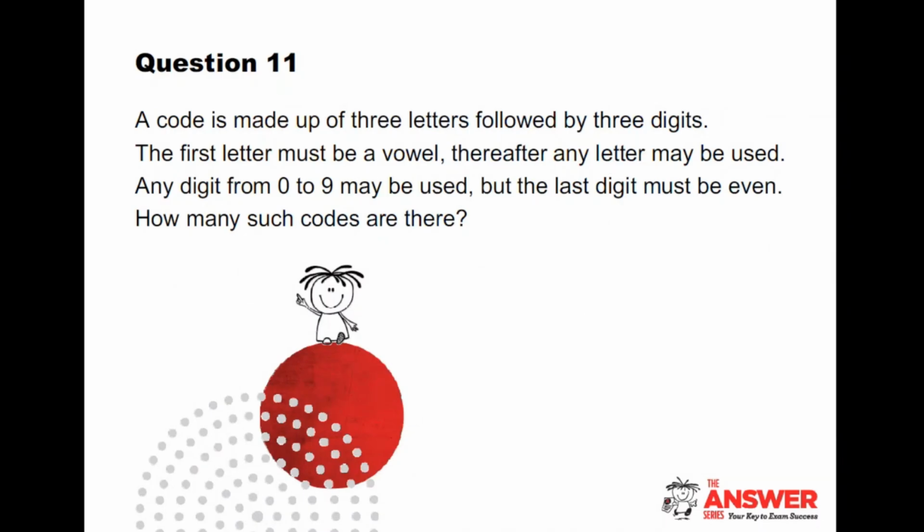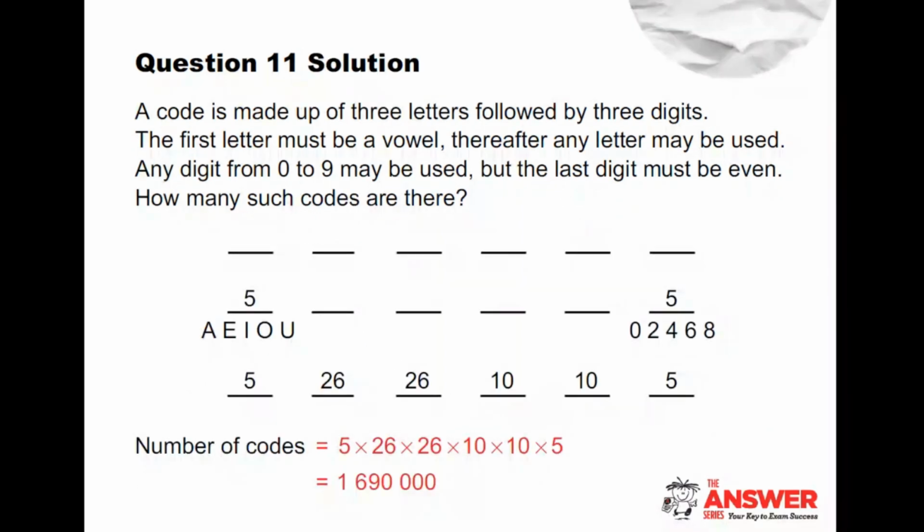How many letters are left? 26 and 26. Okay, so let's actually start looking at our solution. 6 slots. First slot has to be A, E, I, O, or U. So there are 5 possibilities. The next slot, I may use any letter. Doesn't say I can't repeat.